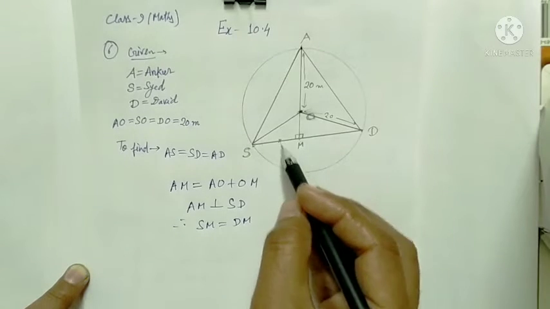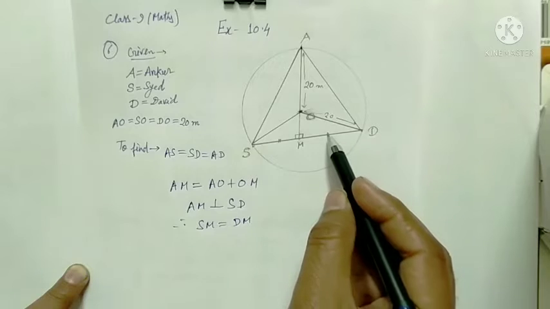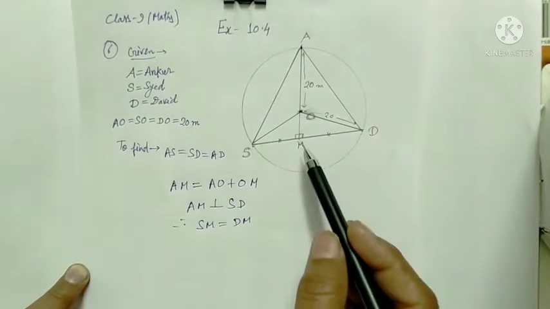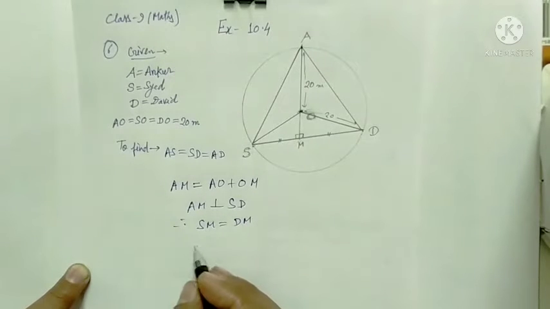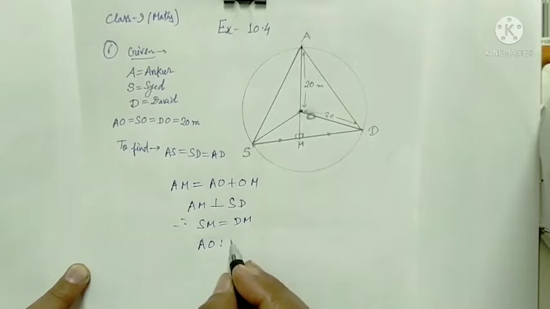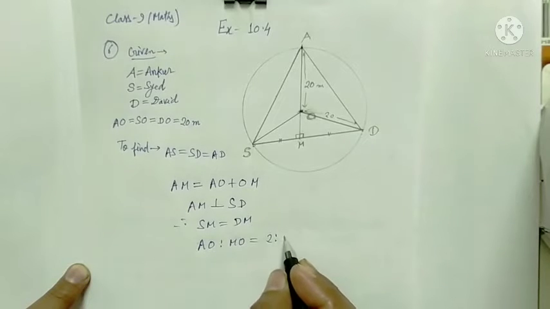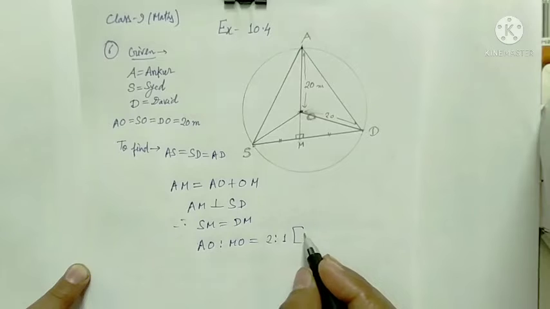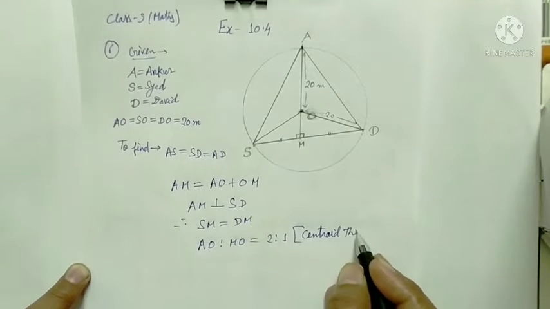So that's why SM and DM are equal. Here this is perpendicular, you know. Now I tell you the centroid theorem. What is that? AO to MO is in 2:1 ratio.